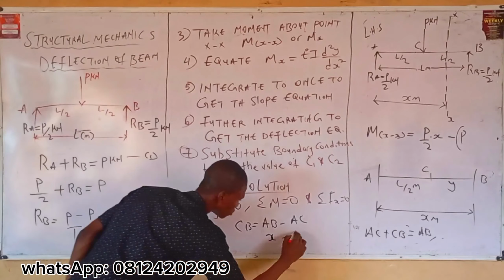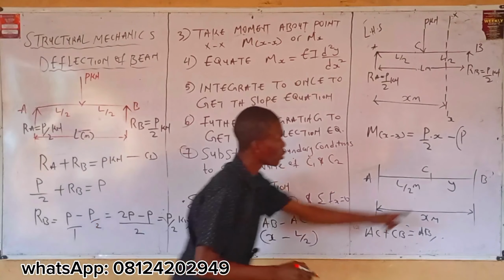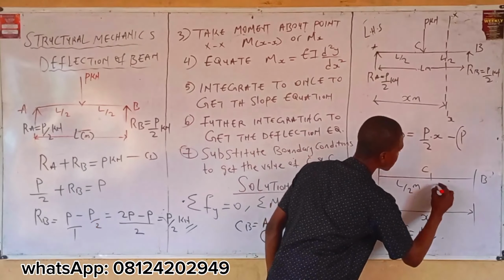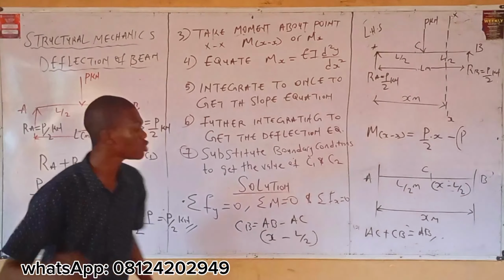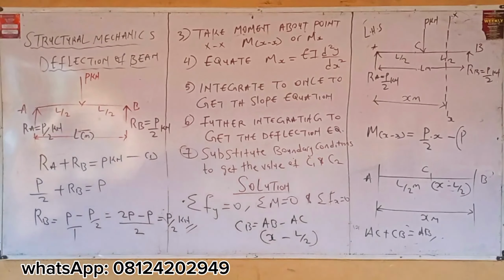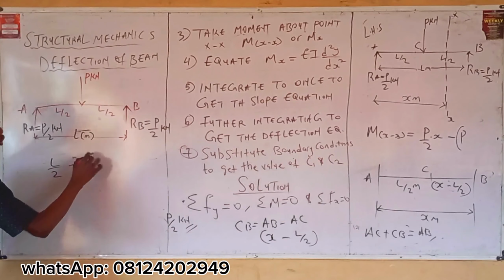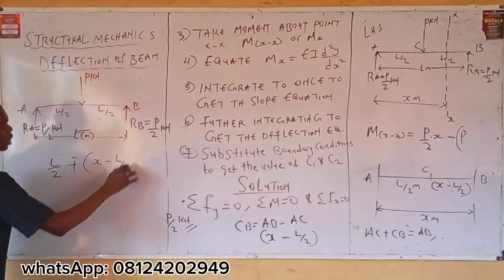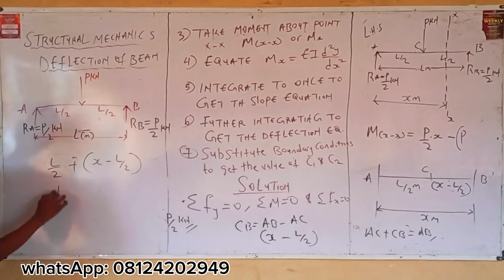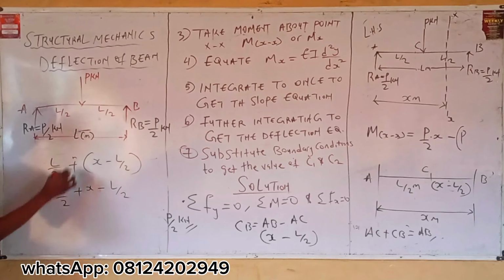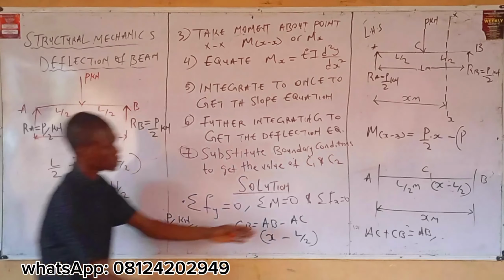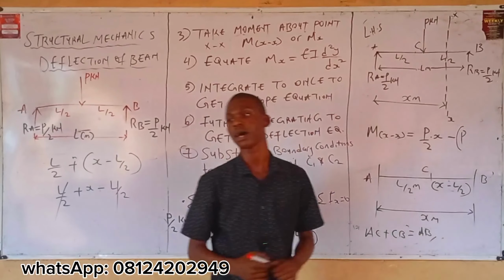L over 2. Meaning Y here is X minus L over 2. And truly, if you do L over 2 plus open bracket X minus L over 2, open up your bracket, L over 2 plus X minus L over 2, observe that this one cancels out and you still have the total length being x meters.